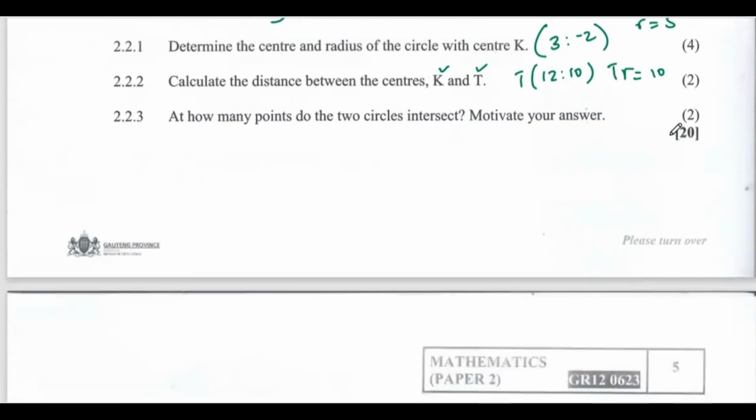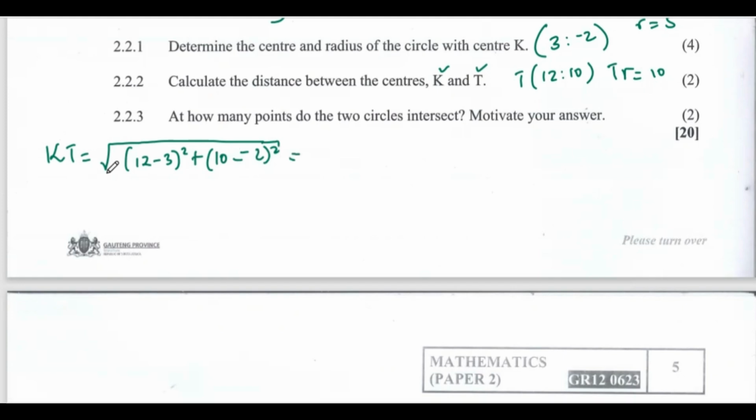So what we need to do is use the distance formula so that we save time. So KT is going to be the square root of 12 minus 3 squared plus 10 minus 2 squared. I'll punch that into the calculator.